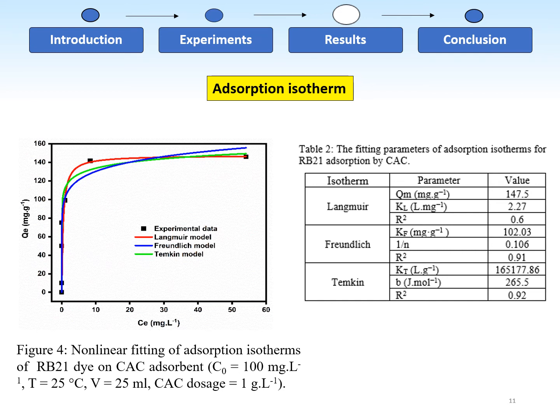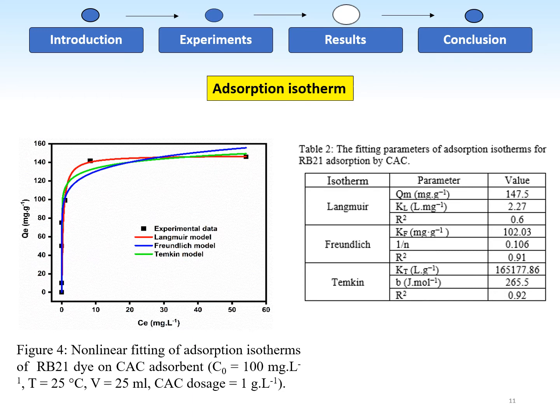On the basis of correlation coefficient values, the experimental data were best fitted by the Freundlich and Temkin isotherm models rather than the Langmuir isotherm, indicating adsorption onto a heterogeneous CAC surface.